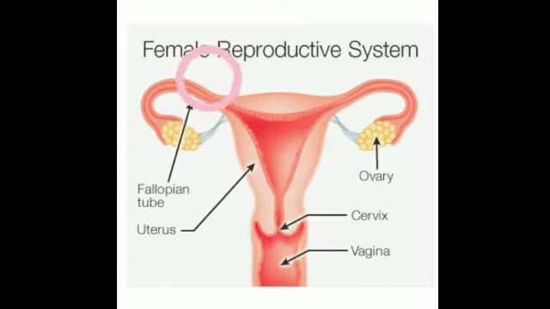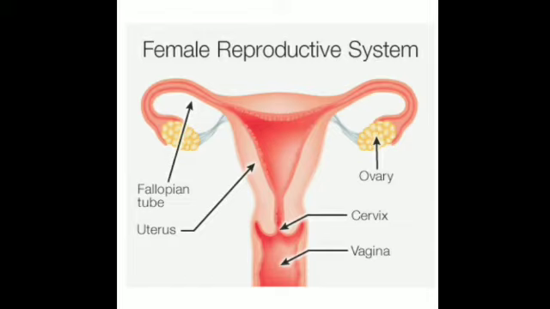The zygote is formed. After fertilization is complete, it moves on to the uterus and gets implanted, gets fixed over here, and here the further development and growth of the baby takes place.